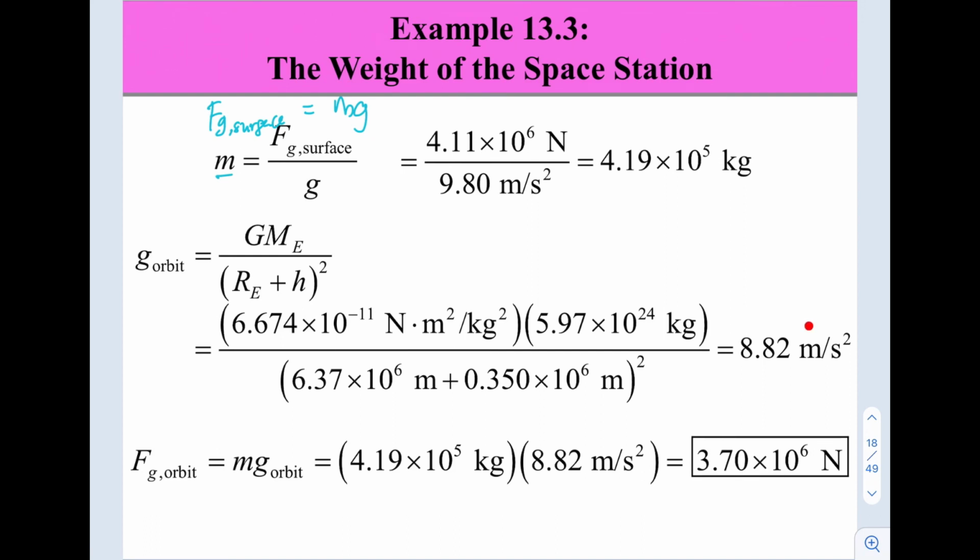Substitute the rest of the values, and g is now 8.82 meter per second squared. From here, making use of this g, we calculate the weight of the space station within its own orbit, which is equivalent to mg orbit, giving us 3.7 × 10^6 Newton. So this is the weight of the space station within its own orbit.